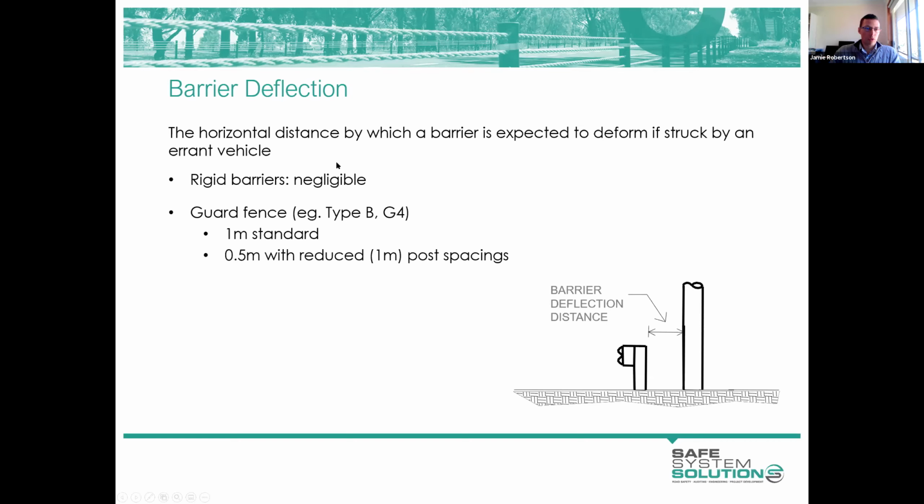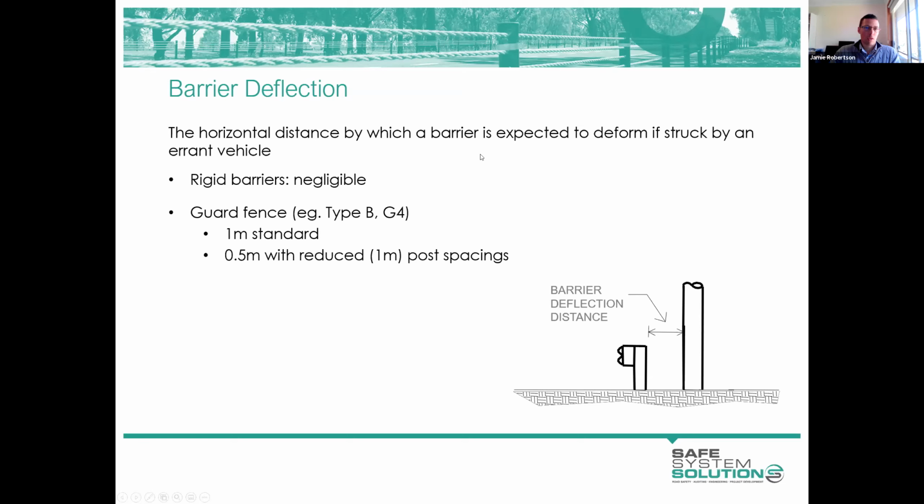Guard fence systems, public domain systems anyway, can be expected to deflect by up to about 1 metre. We can reduce that by stiffening up the system with reduced post spacings. We can reduce the deflection to about 0.5 metre. Now keep in mind that these systems are no longer favoured.